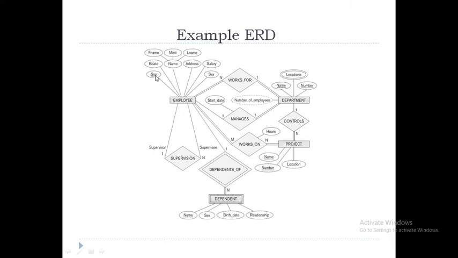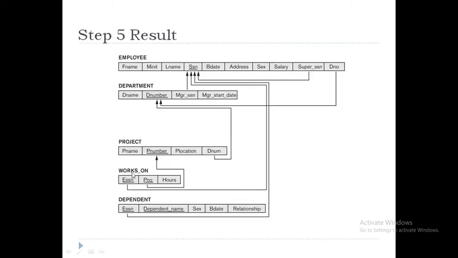It is SSN, and in project I have taken number as the primary key. So I'll include employee SSN and the project number in works on, and we have simple attributes like hours. So this hours must be added to the works on relation. Three attributes you need to include in works on: employee SSN, project number, and hours.